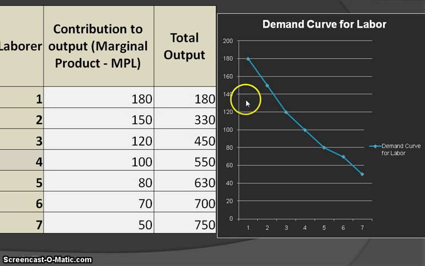So what we realize is that as more and more workers are hired, the output that each new worker adds gets less and less. We see that here. The first worker put 180, the second worker 150, the third worker 120, and going all the way down, we see that the values that each new worker contributes get less and less. And that's natural.